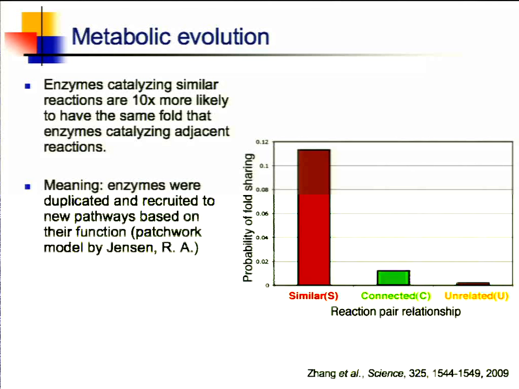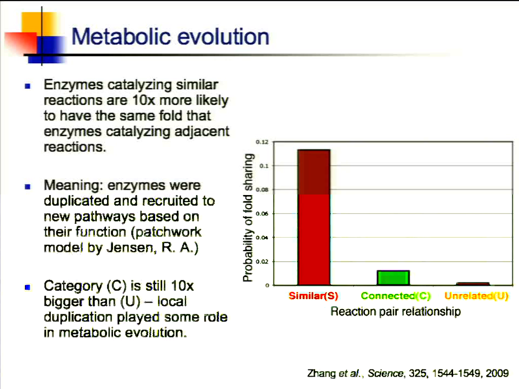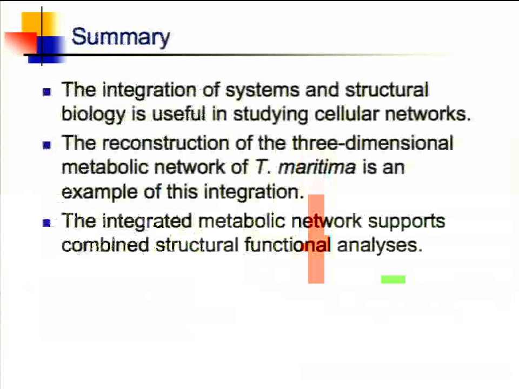And this supports the patchwork model proposed by ISCB, which basically says that when enzymes are duplicated, the chemical mechanisms are conserved, but they develop a new binding site to utilize new compounds. Surprisingly, the connected reactions still have 10 times more chance to share a fold than the unrelated reactions, which means that local duplication plays some role in the evolution of metabolic networks.